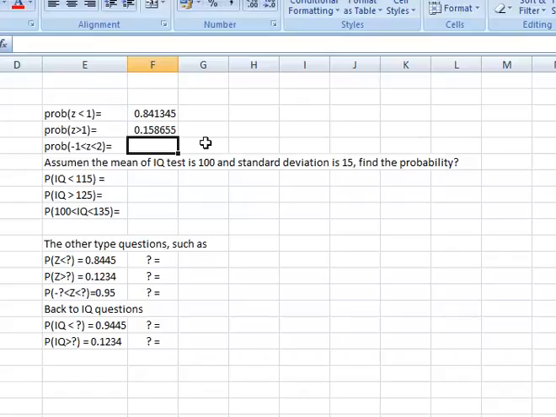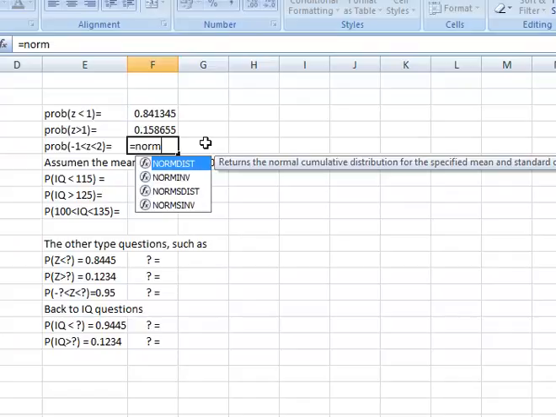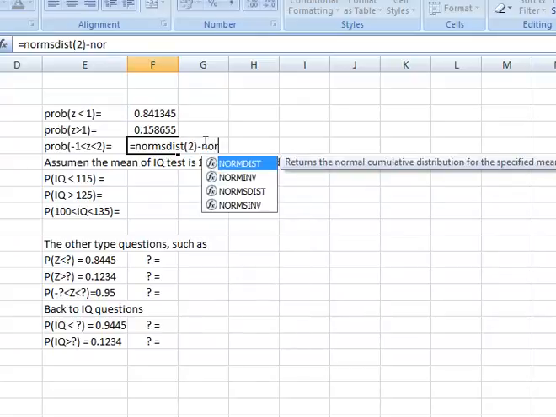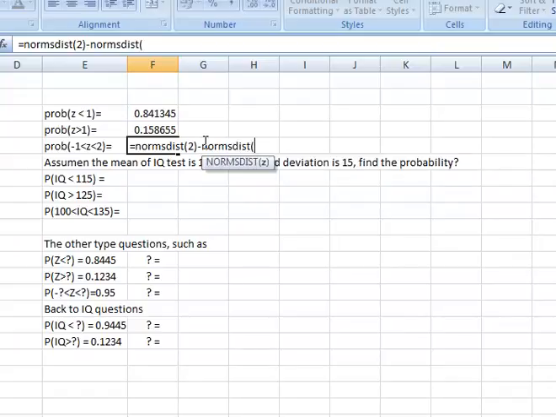If we want to find the probability z between 2 and -1, we use equal NORM.S.DIST. Put in the large number 2 first, then minus NORM.S.DIST, small number.